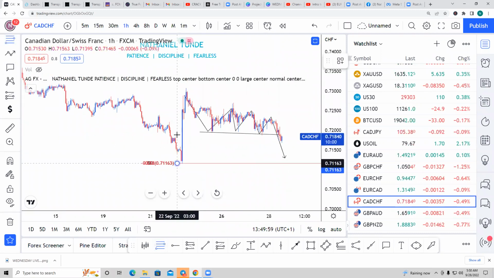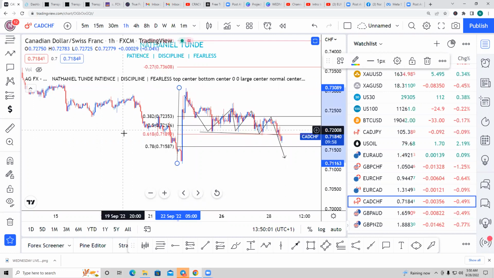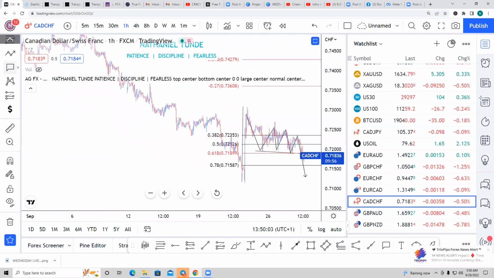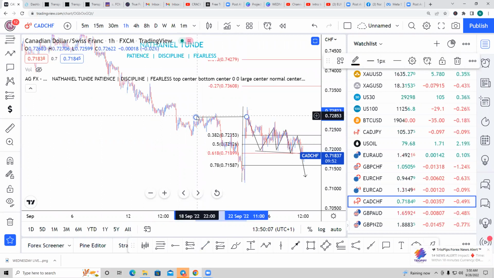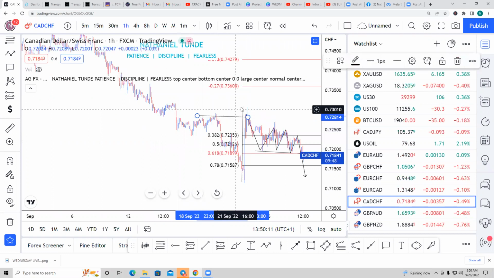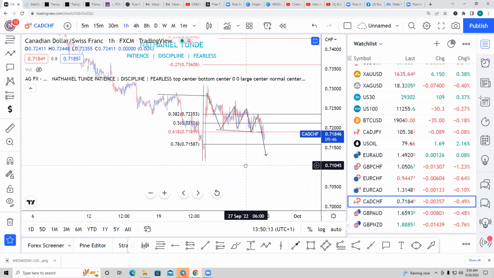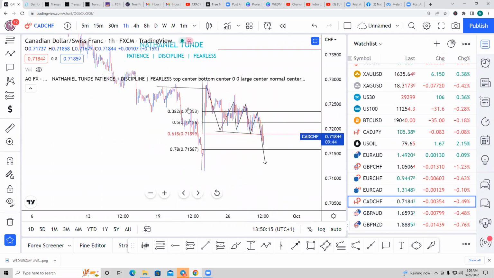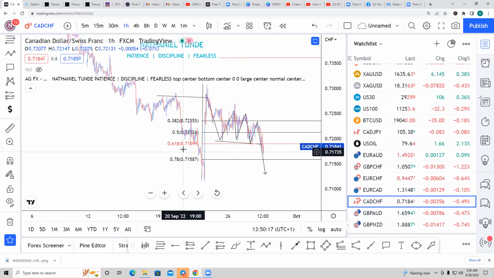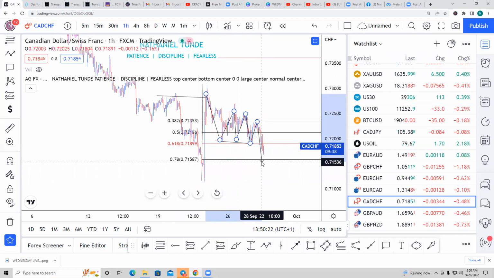If you take a fib of this impulse right here, you can see that the impulse has broken market structure right here. Because of that, any impulse that moves very strongly and breaks market structure is a true impulse. And the correction of such a true impulse to 61.8 or 78 will be ideal to look for a buy trade.